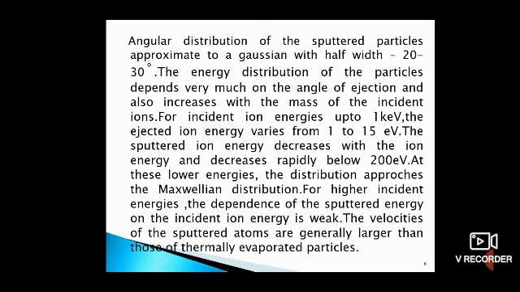At these lower energies, the distribution approaches the Maxwellian distribution. For higher incident energies, the dependence of the sputtered energy on the incident ion energy is weak. The velocities of the sputtered atoms are generally larger than those of thermally evaporated particles.